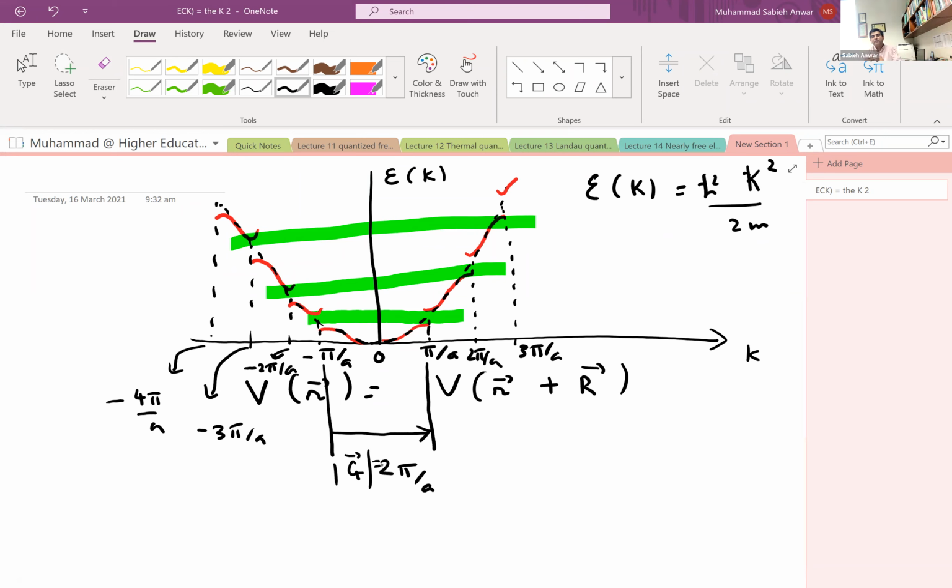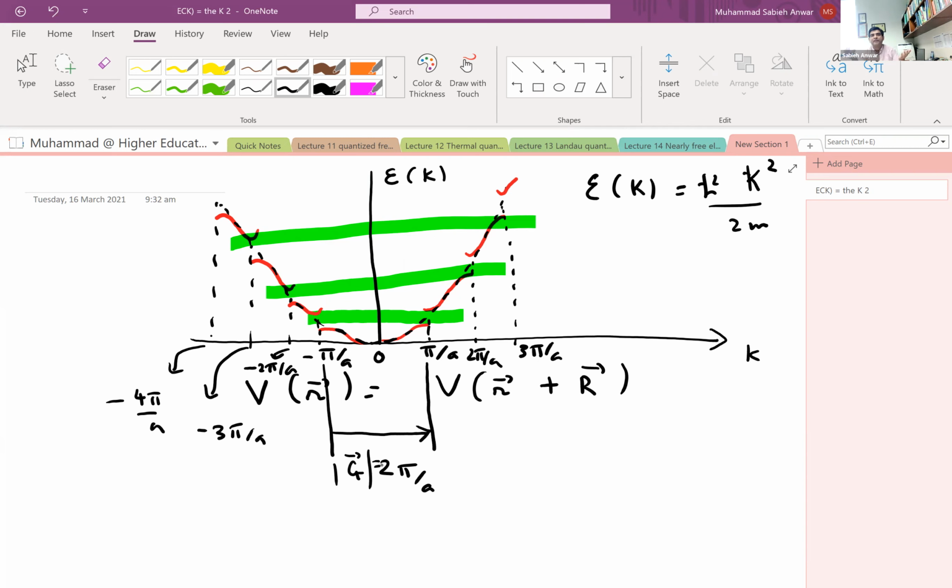Away from these k points, the electron waves are plane waves, they behave like free electrons. But if the value of k for such a plane wave hits a zone boundary, it becomes equal to pi over a or minus pi over a, the dispersion relationship changes and it deviates.